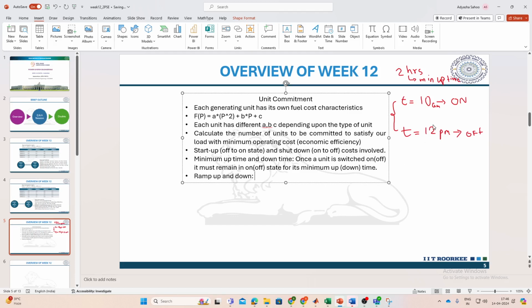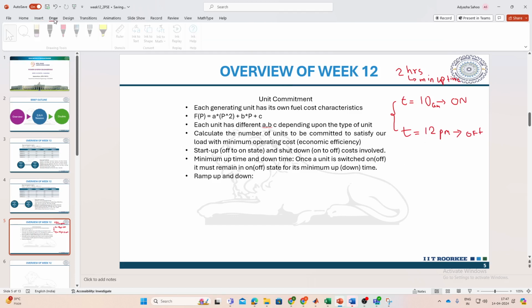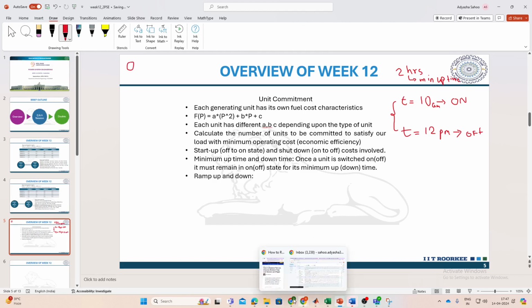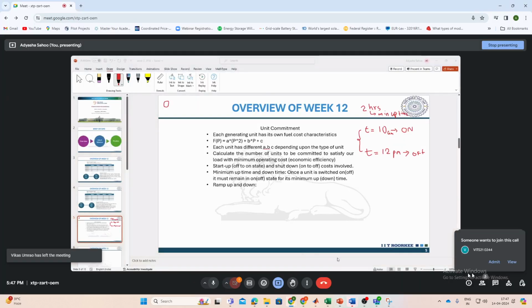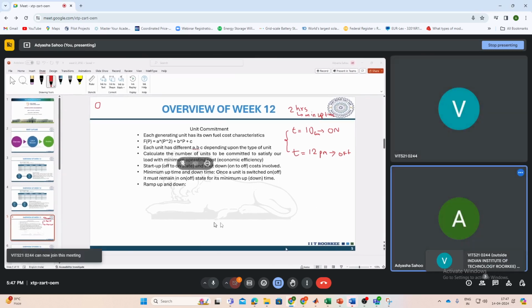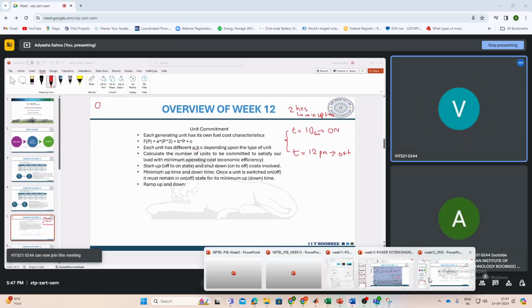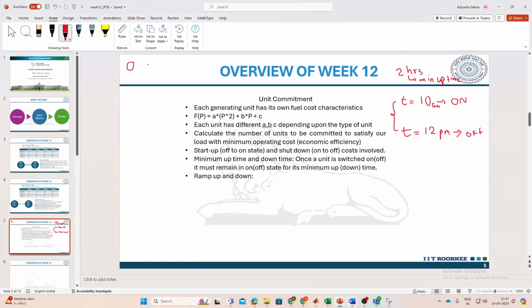So what this means is basically, let's say you have a power plant whose minimum limit output is 0, and a maximum is, let's say, 50.